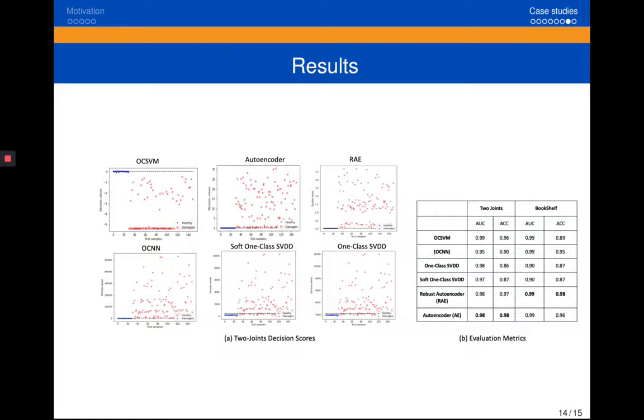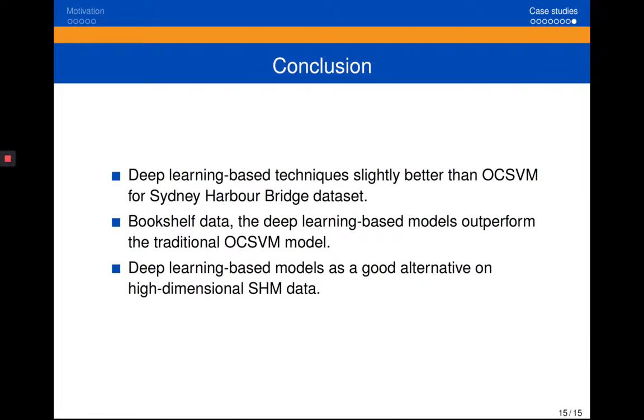And here we can see the robust technique slightly outperforms the other techniques, especially for the bookshelf dataset, while the simple autoencoder-based techniques seem to perform well in the case of the Sydney Harbour Bridge two-joint datasets. The conclusion is that the deep learning based techniques offer slightly better performance than the one-class SVM for the Sydney Harbour Bridge dataset.